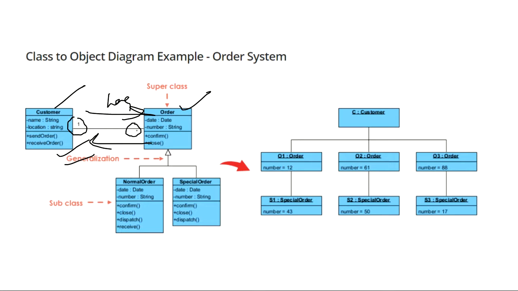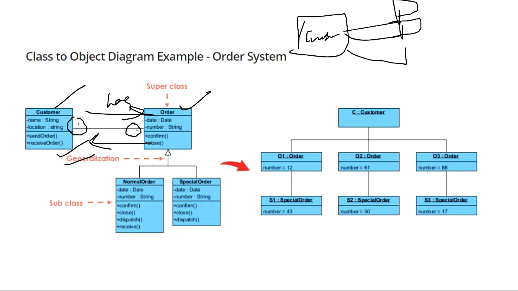So it's like this. If this is a customer class, then a customer can have multiple orders. This is what is meant by this star, that a customer can have multiple orders. But an order will have only one customer.